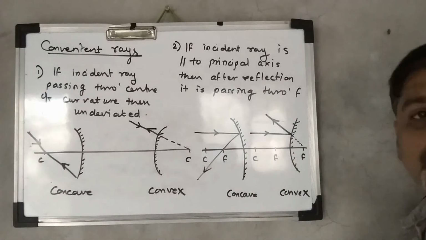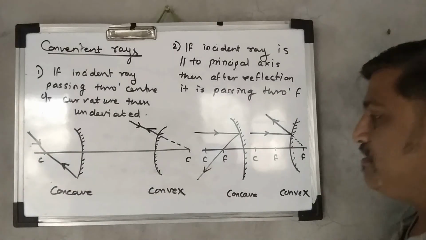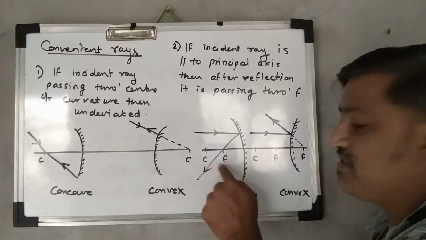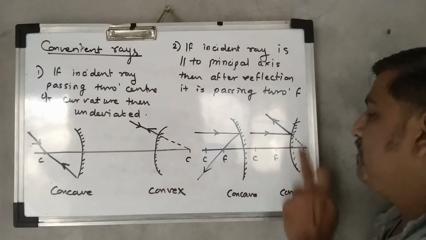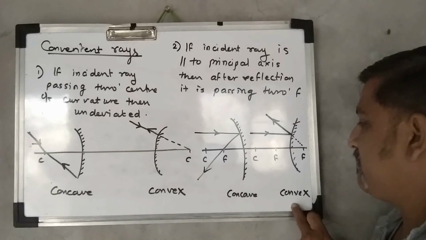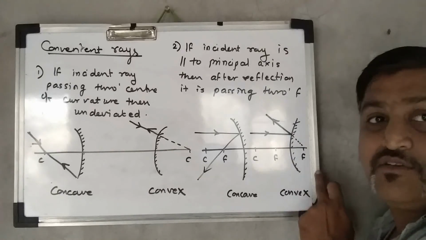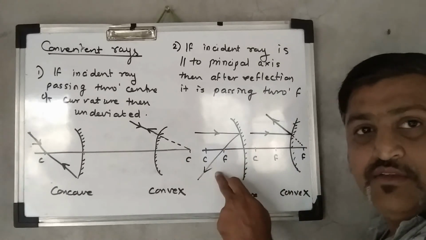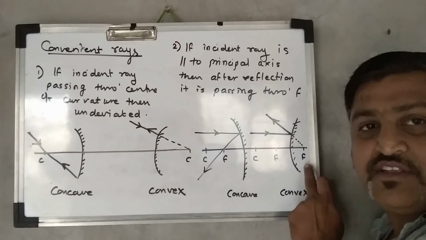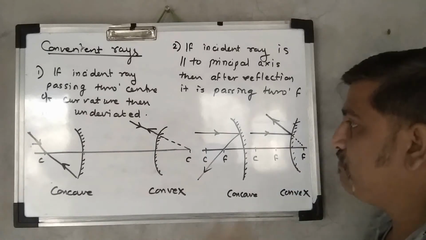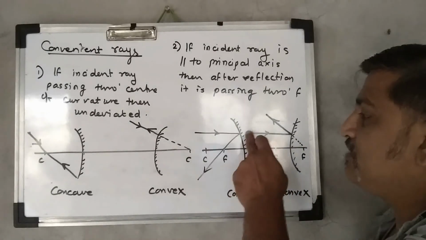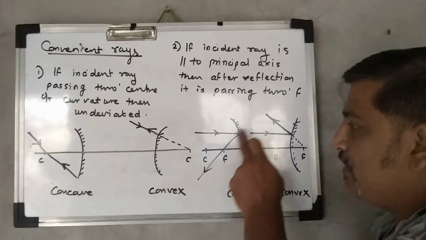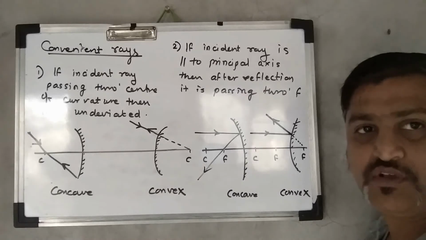Again, keep in mind that in the case of the concave mirror, the focus is on the reflecting side, while in the case of the convex mirror, the focus is on the non-reflecting side. If the incident ray is parallel to the principal axis, after reflection through a concave mirror, it actually passes through the focus.